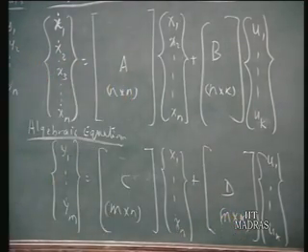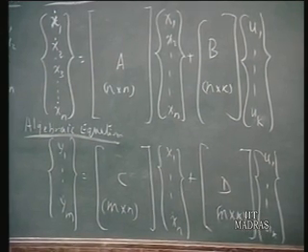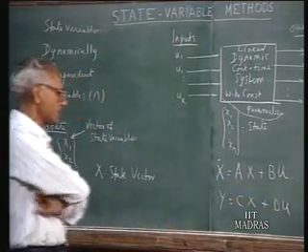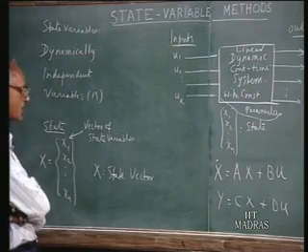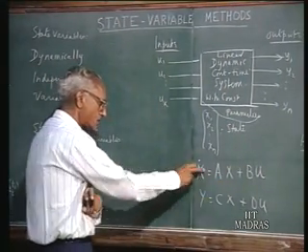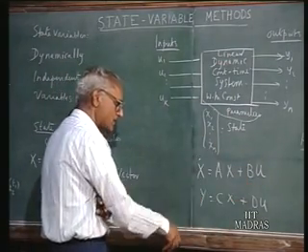So A, B, C, D are matrices of appropriate dimensions depending on the input and output numbers as well as the state variables. X dot is a vector, x is a vector, u is a vector, y is a vector.